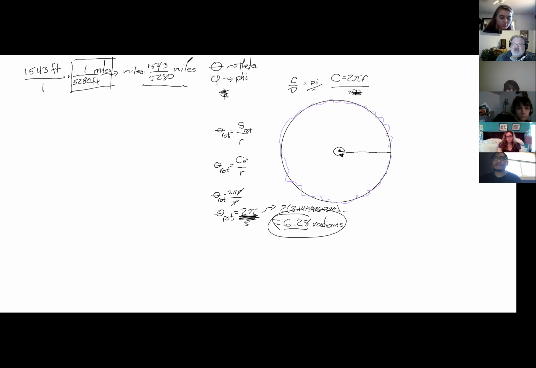And that's why we needed that 2 pi radians in one rotation, because we know how many degrees are in one rotation. We know 360 degrees is equal to 1 rotation, but we also know that 6.28, this 2 pi, is 1 rotation. So 360 degrees is the same amount of rotation as 2 pi radians.